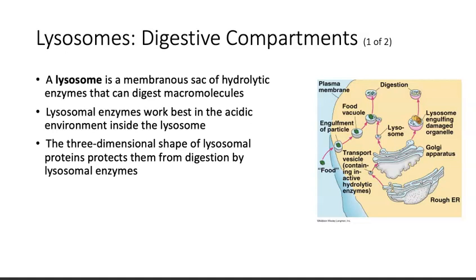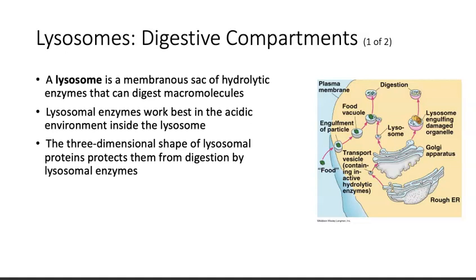It breaks down bigger molecules into smaller molecules. So we learned the word hydrolysis in a previous chapter, and we learned the word enzymes in a previous chapter. The lysosomes are filled with hydrolytic enzymes. Again, these are enzymes that break down or digest larger molecules.